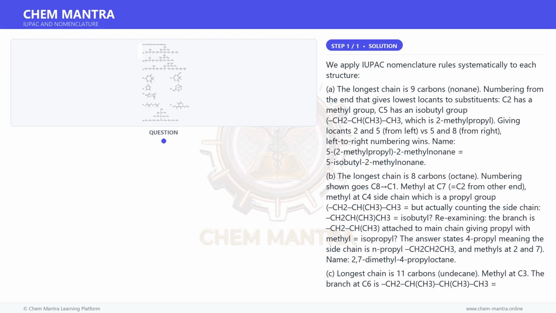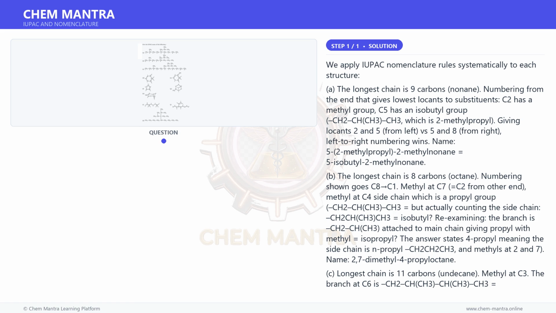Therefore, the correct answer is A: 5-isobutyl-2-methylnonane. B: 2,7-dimethyl-4-propyloctane. C: 6-(2,3-dimethylbutyl)-3-methylundecane. D: 1,1,2,6-tetramethylcyclohexane. E: 2,2,3-trimethylcyclohexanol.